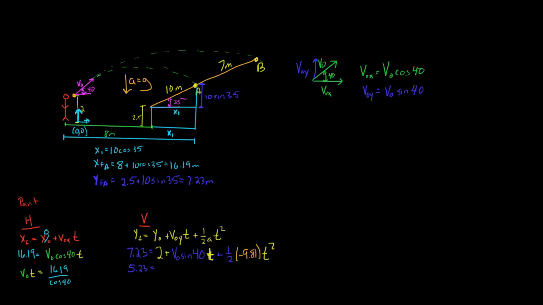So we're going to have 16.19 divided by the cosine of 40, and we still have a sine of 40, plus 1/2 times negative 9.81 t squared.